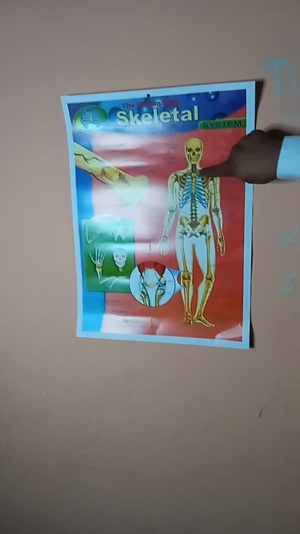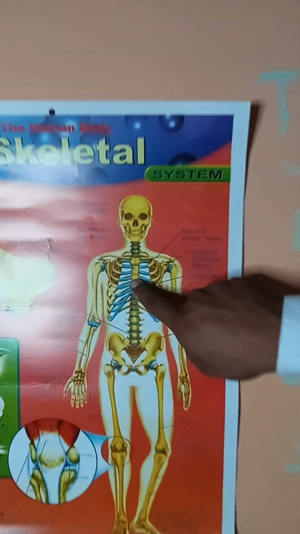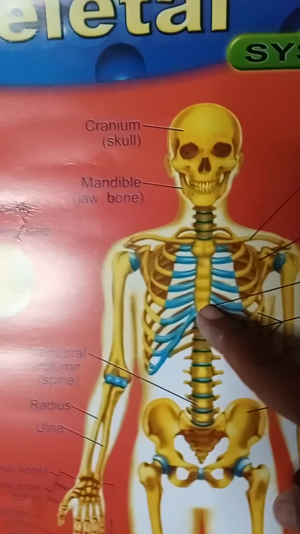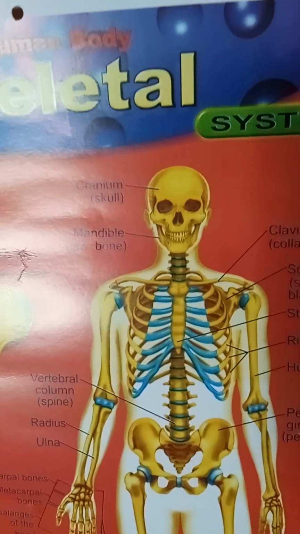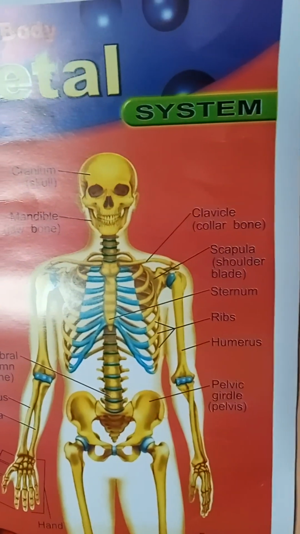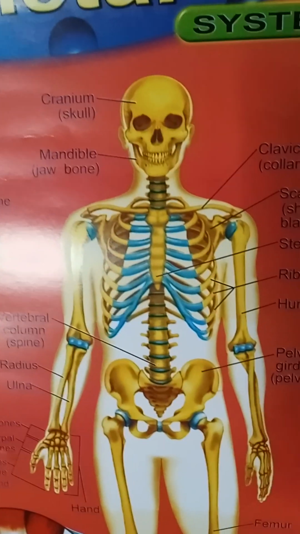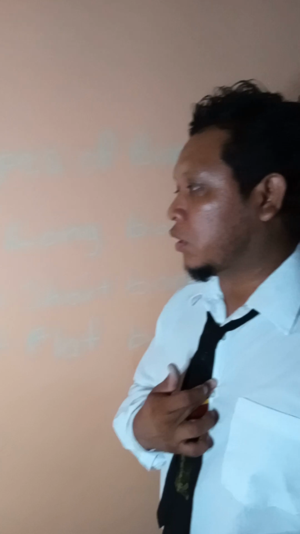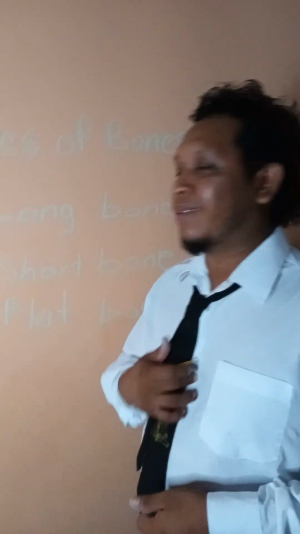If you watch very carefully here, from here to here, what is this called? This is called the sternum, right? Or we actually know it as the breastplate. If we touch the middle of our chest and go straight down, that is the sternum, and that is an example of the flat bone, right?